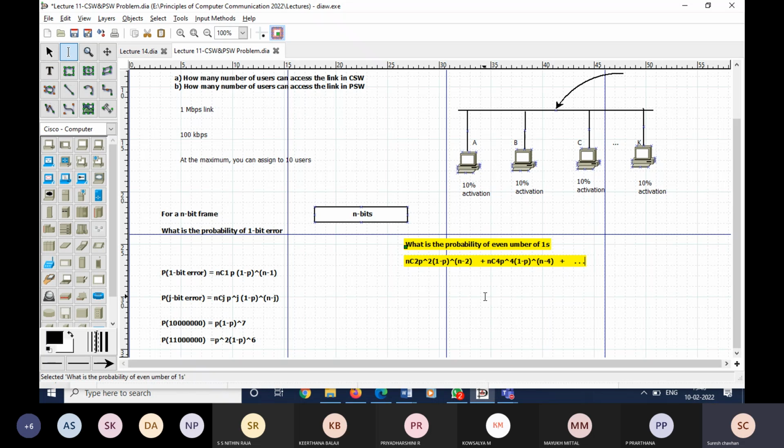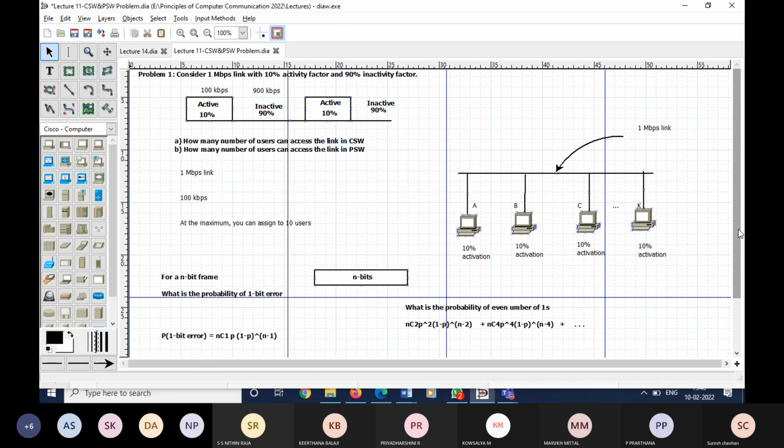I am emphasizing this more because in CAT 1 I won't give any theory questions; whatever we have learned in theory, I'll ask in terms of problems. So be very careful while answering.